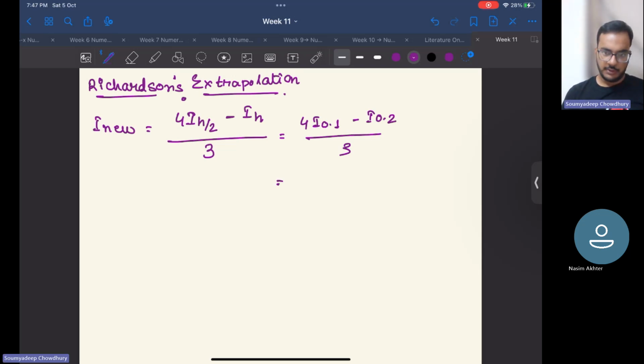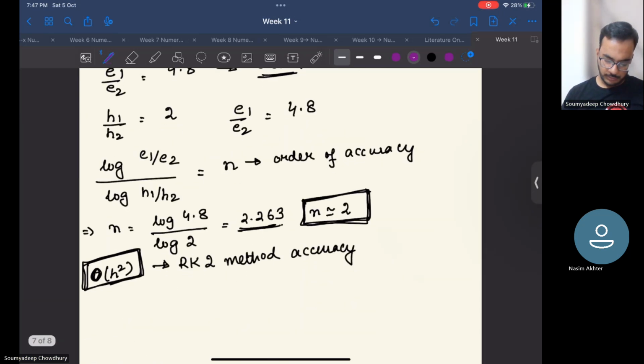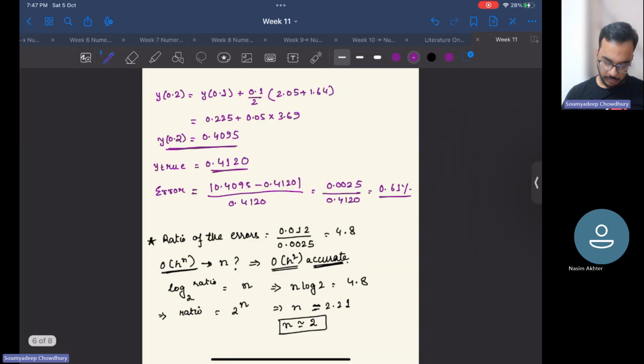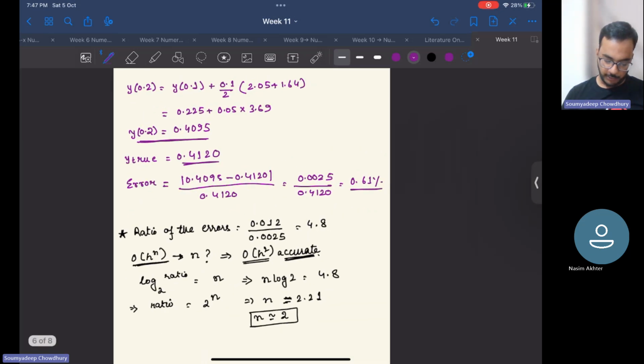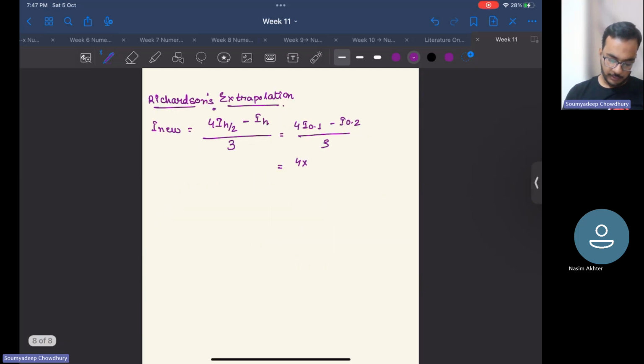So now if we see 4 times I of 0.1 minus I of 0.2, divided by 3. What was I of 0.1? That is this one, right? 0.4095, and I of 0.2 was 0.4.